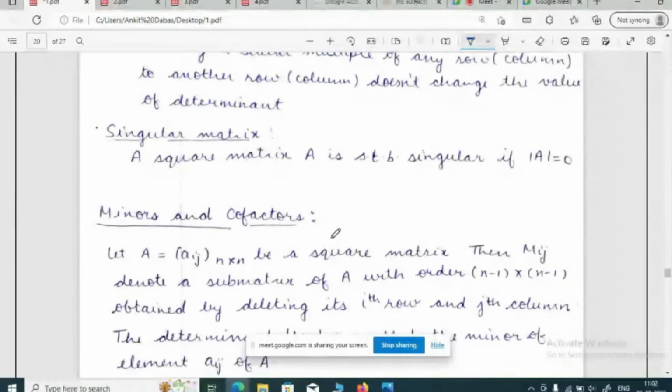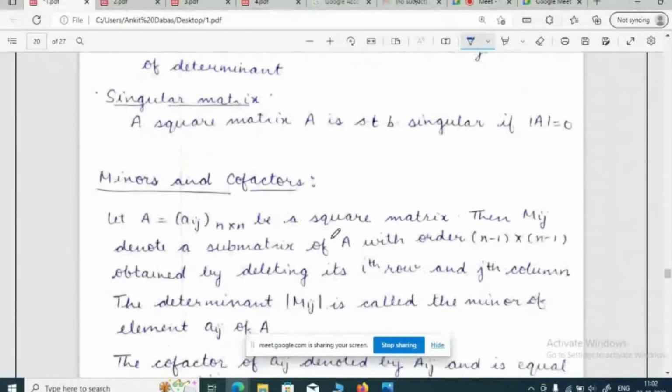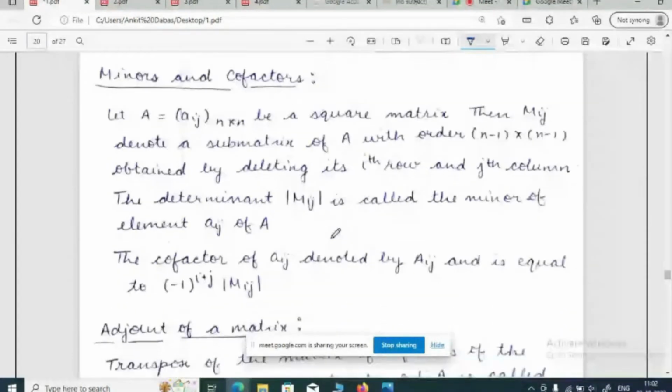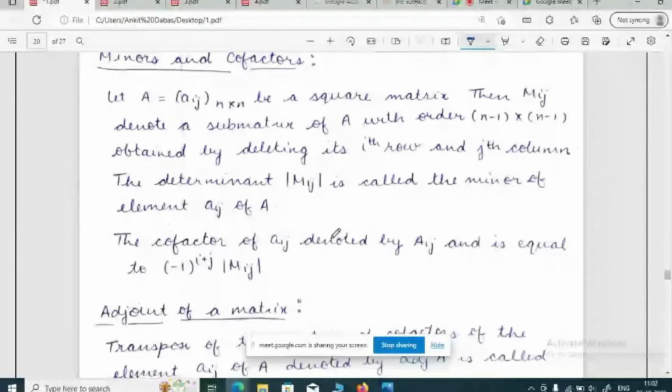A matrix whose determinant is equal to 0 is called a singular matrix. And the case when this is not equal to 0, it is termed as a non-singular matrix. Now, for A equal to Aij, any square matrix, the notation Mij denotes the submatrix of A with order n-1 cross n-1, obtained by deleting its ith row and jth column.